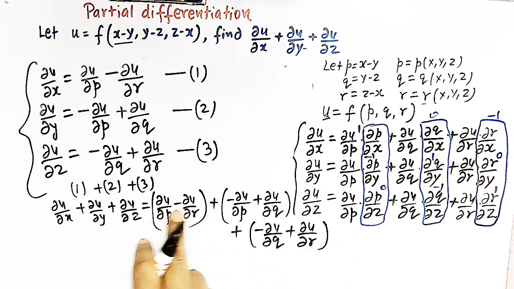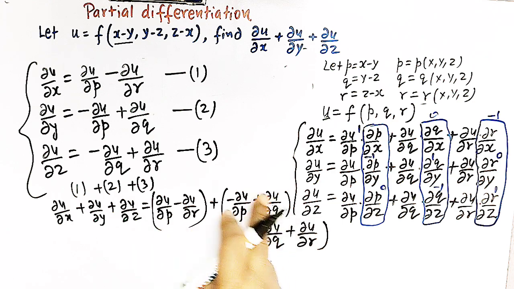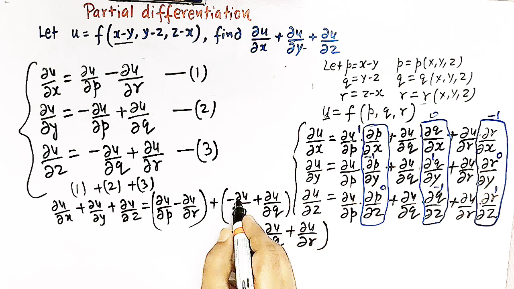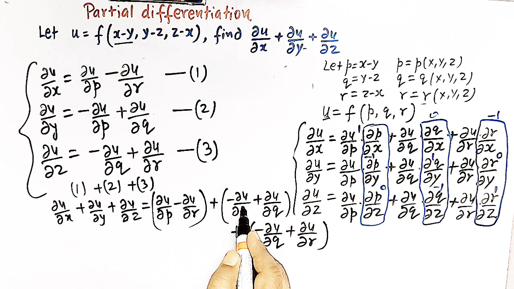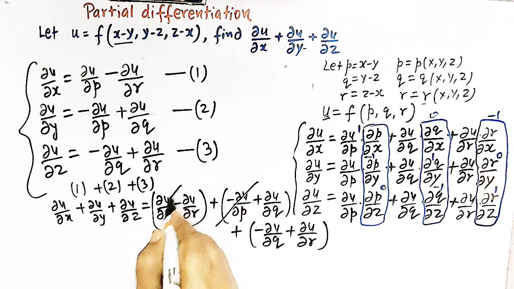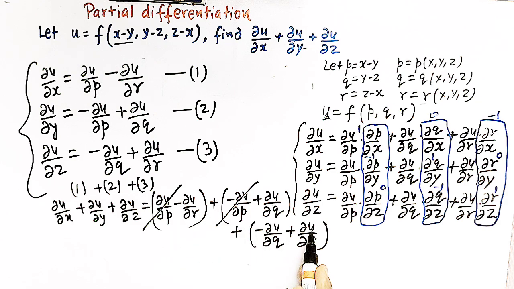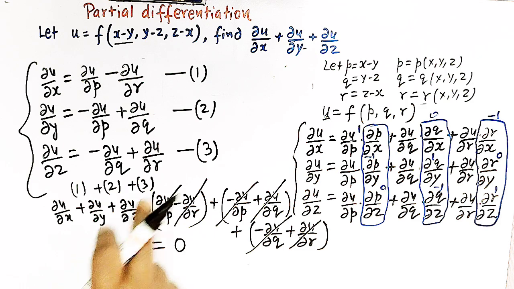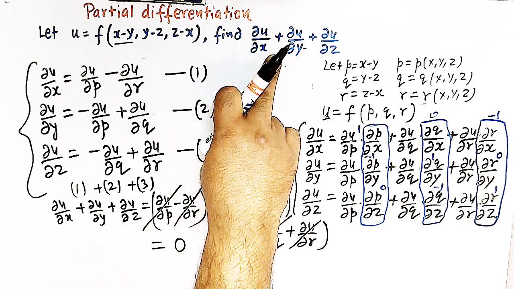And from the right hand side we can see that all these terms cancel each other. That is, del u over del p is cancelled by this term. Then we have del u over del r, these two terms get cancelled, and here also del u over del q is cancelled with this term. So here we have 0, and this is our desired result.